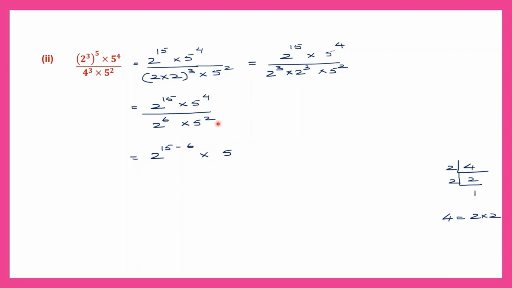We can subtract the powers. So that becomes 5 to the power of 4 minus 2. So what do we have here? 2 to the power of, how much is 15 minus 6? 9 into 5 to the power of 4 minus 2 is 2. 5 to the power of 2. So this will be our final answer. 2 raised to the power of 9 into 5 raised to the power of 2.